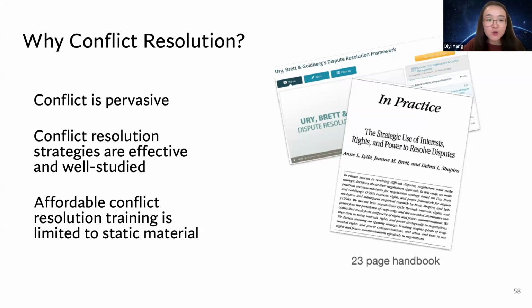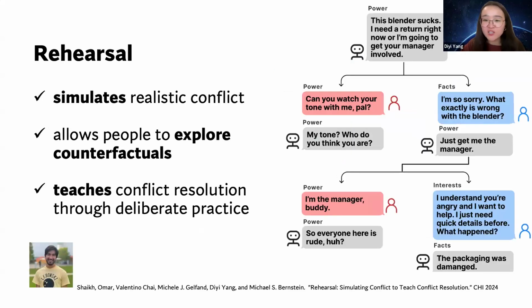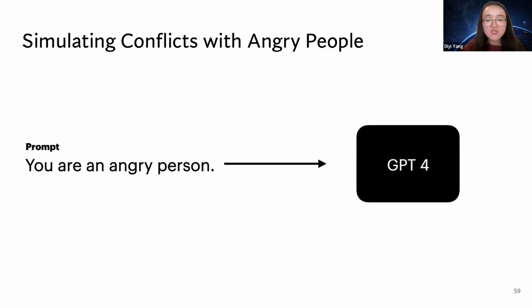So if I gave you the task of simulating realistic conflict, something you are very likely to do is just use large language models to simulate an angry person, because those models are trained on a lot of internet data. Maybe they have looked at some conflicts before. So you would expect this to generate good conflict simulations.